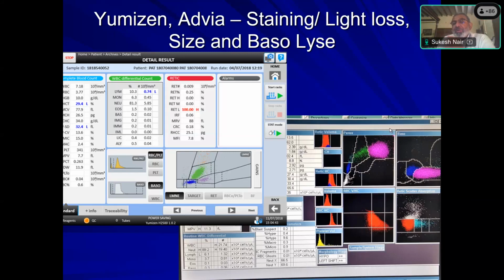The light may not pass through the eosinophils for creating light loss. So that was the philosophy. And the importance about Advia is that it does not analyze red cells and platelets based on impedance, but based on light scatter data.